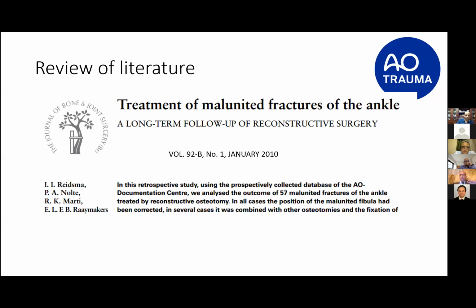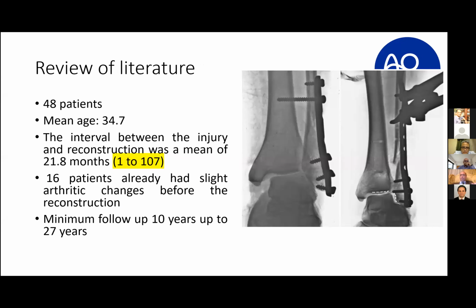What's important and characteristic for this paper is the interval between the injury and reconstruction was a mean of 21 months, so almost 2 years, and up to 9 years. The longest was 107 months after the injury. So a very long duration between the primary injury and the definitive reconstruction.